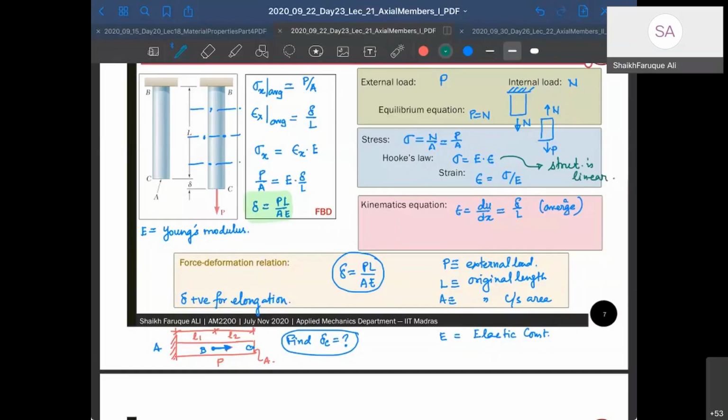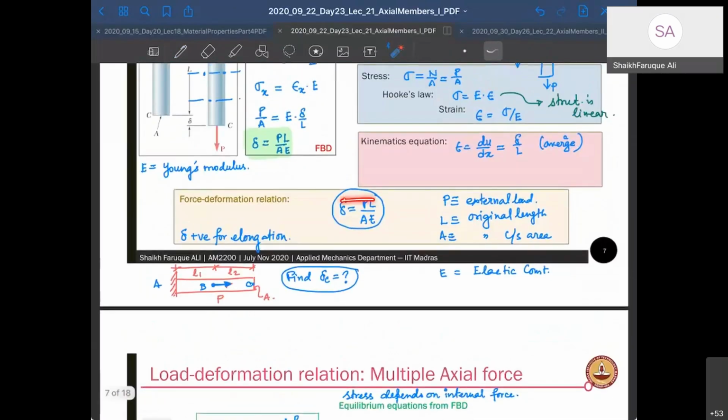And then the strain deformation relationship, which is the kinematic relationship, comes into action, which when you relate, you get delta equal to PL by AE, where P is the external load, L is the original length of the axial member, A is the cross-sectional area. Delta is positive for elongation and negative for reduction in length.